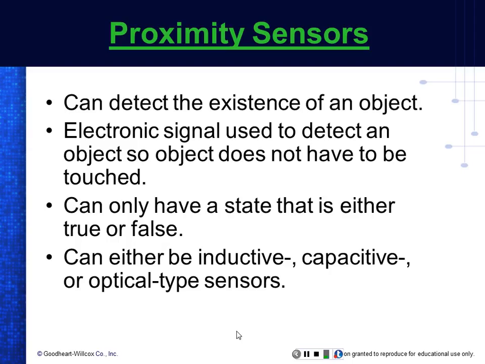So the proximity switch can detect existence of an object. We can use electronic signals to detect an object so that the object doesn't have to be touched, so it can just see the object as opposed to having to touch the object. We can have a state of whether it's true or false.